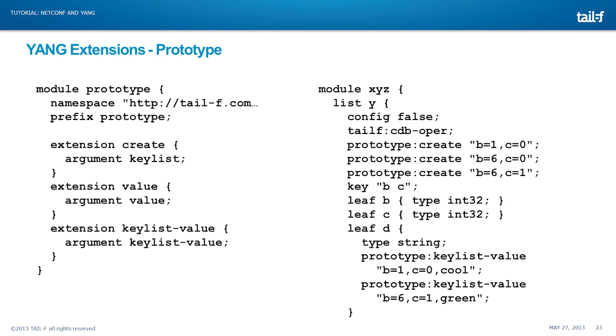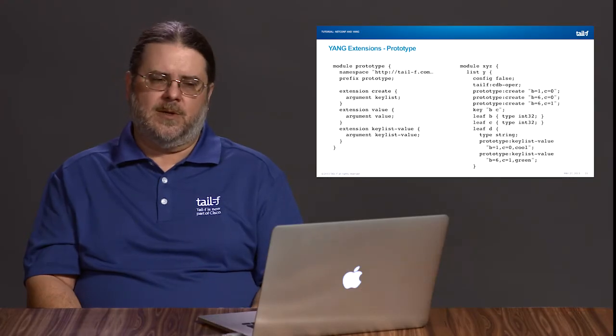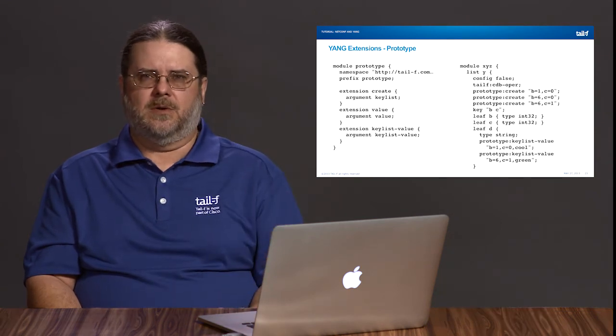Somewhere in module XYZ, we would have said import prototype prefix prototype. So you're able to use your extension statements, and typically they'll have that prefix since you've imported them in your Yang code. If you've done these sorts of extensions of your own, the confd toolchain will simply ignore their presence.